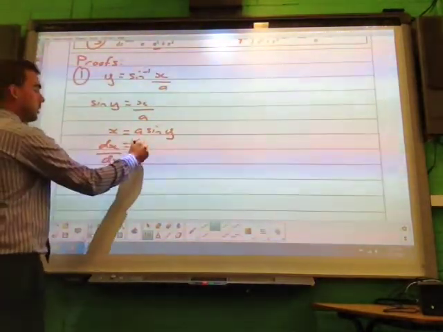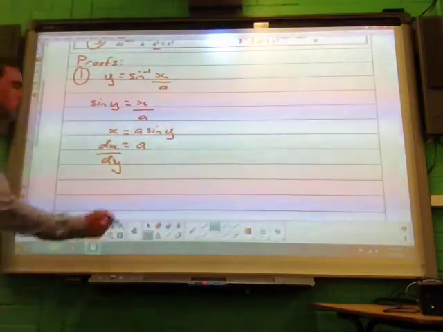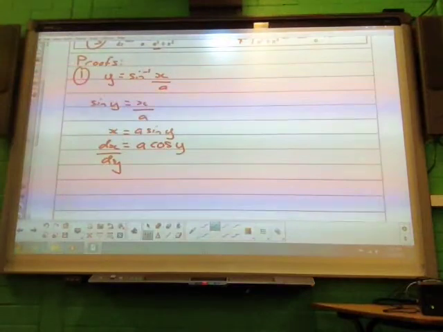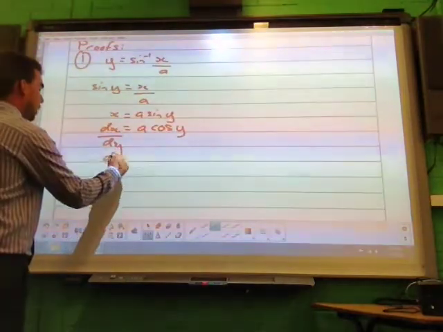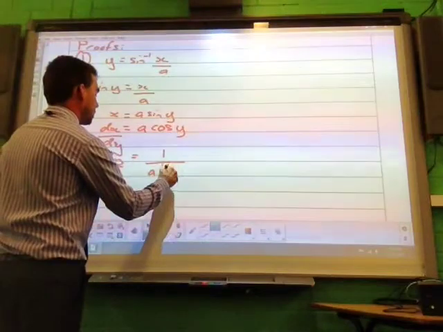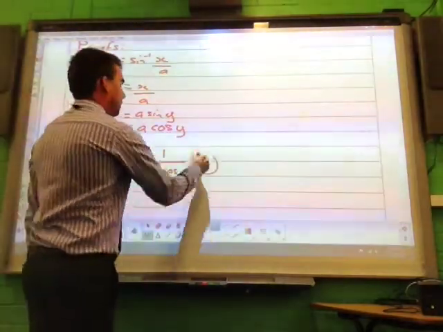The constant a stays there. When you differentiate sine, you get cos of y. And we need dy dx because we are differentiating that. So dy dx is going to be 1 over a cos y. So far. That's equation 1.